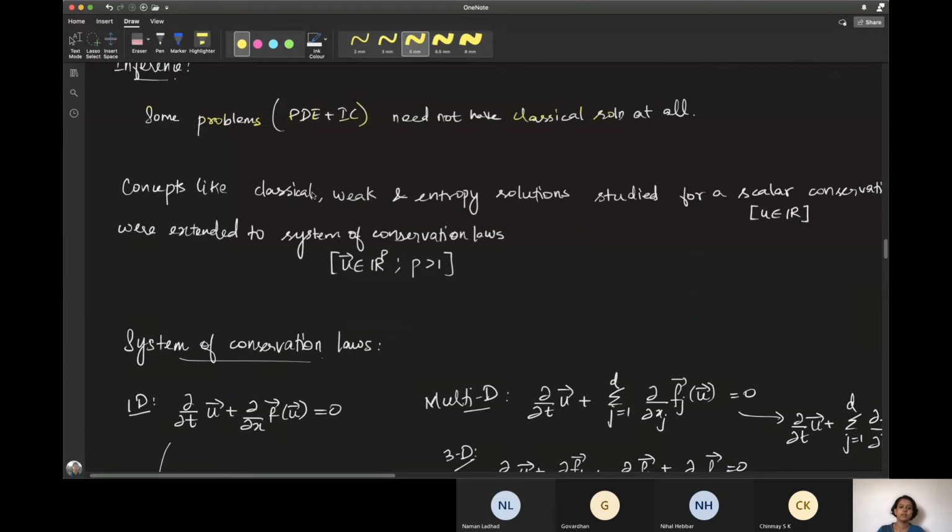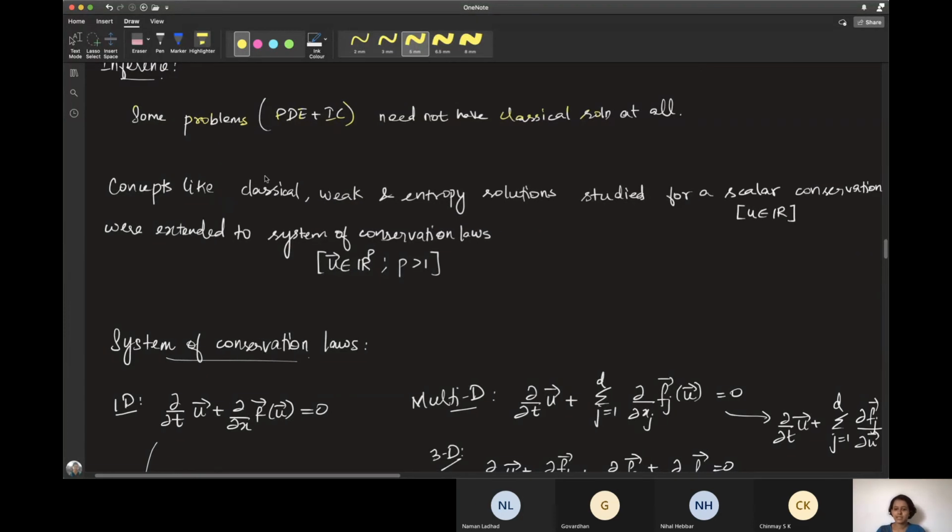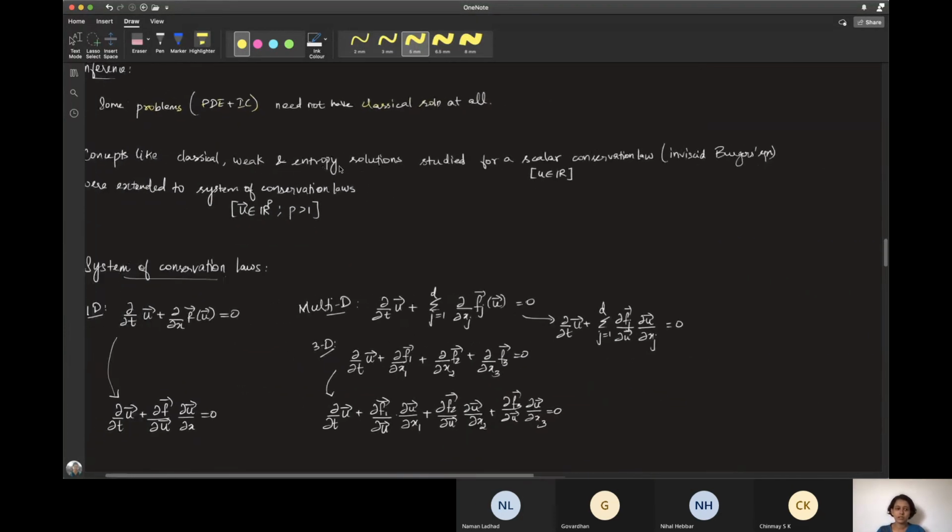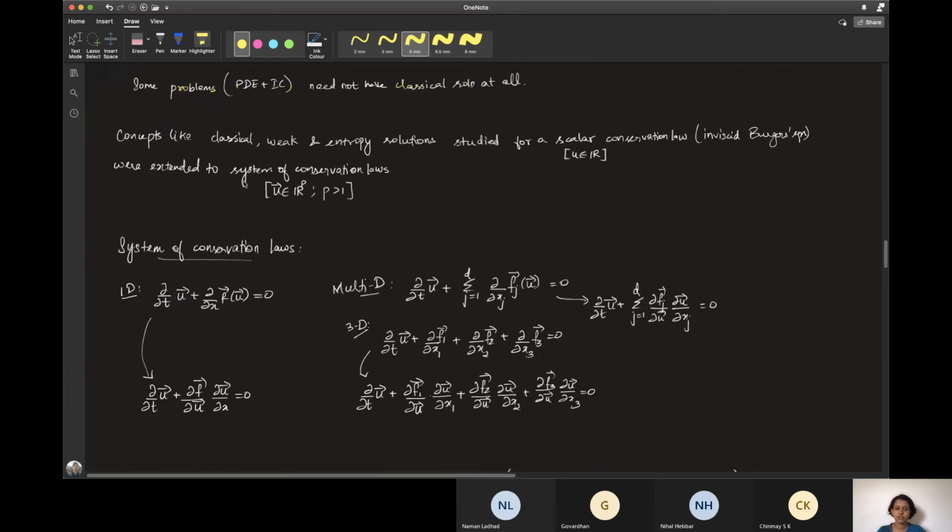And then we extended these concepts again to systems of conservation laws. From scalar conservation law, we moved to system of conservation laws, and we extended all of these to even systems. For scalar conservation law, your u belongs to just real numbers, that is R power 1.